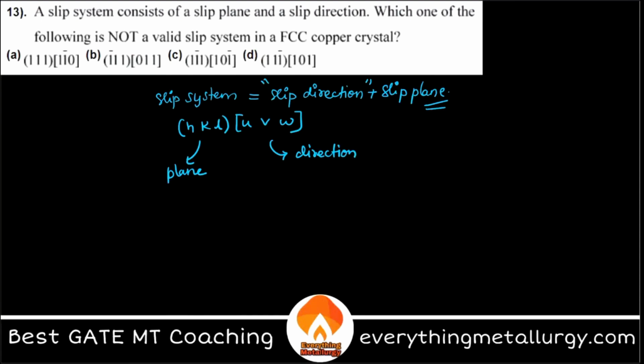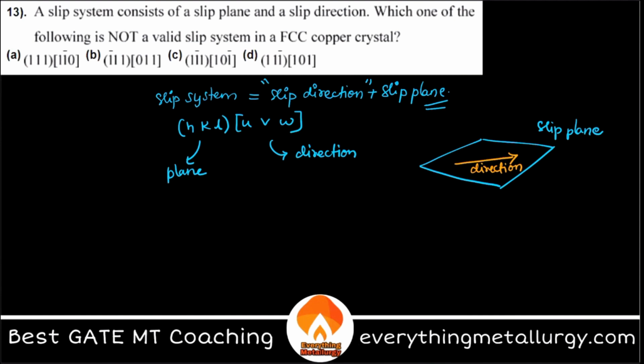Now it's pretty easy. If you have a plane, let's say this is my slip plane, definitely the slip direction is only on this particular plane, right? Why? Because only on the slip plane can you observe the slip, and only in this particular direction.